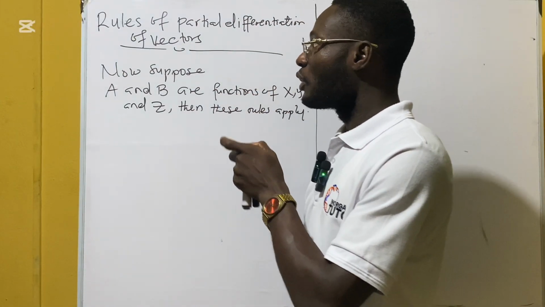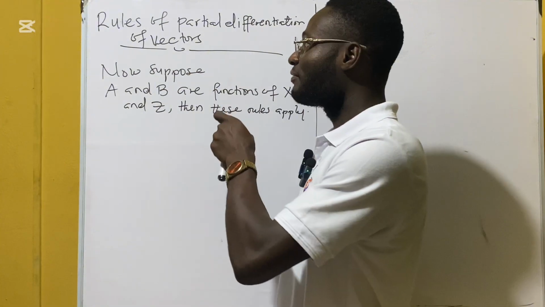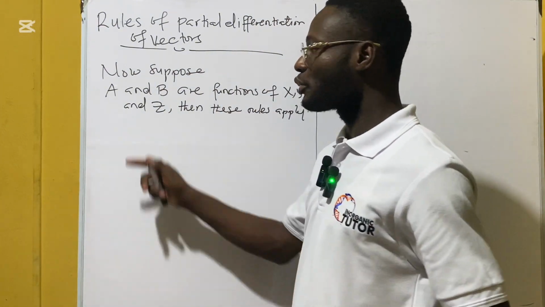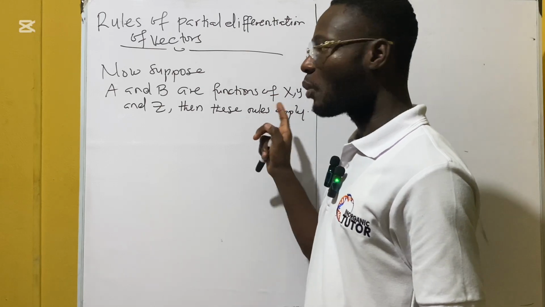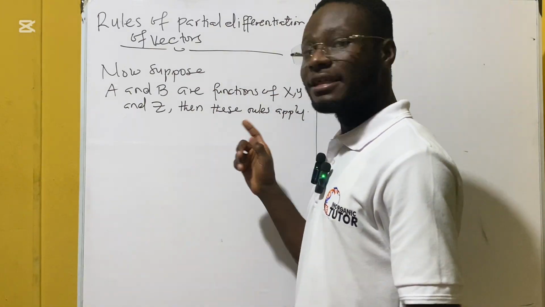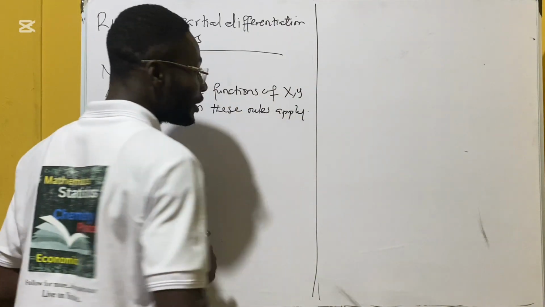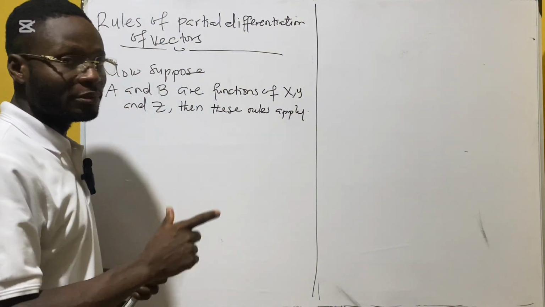some rules that guide partial differentiation of vectors. Suppose A and B are functions of x, y, and z, then these rules must be followed.